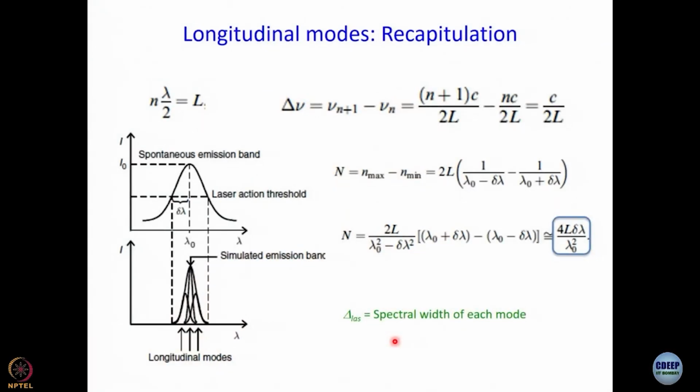At least natural line broadening will be there. Let us say that is delta nu, the spectral width of each mode. It is important to recognize that it is there.